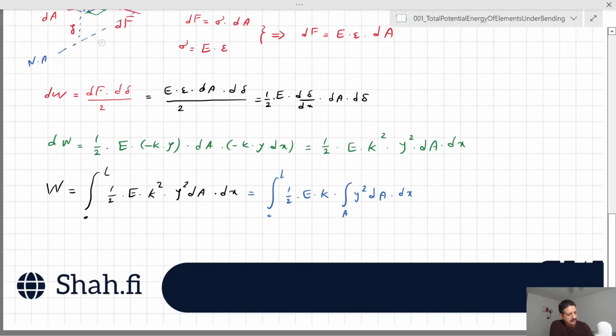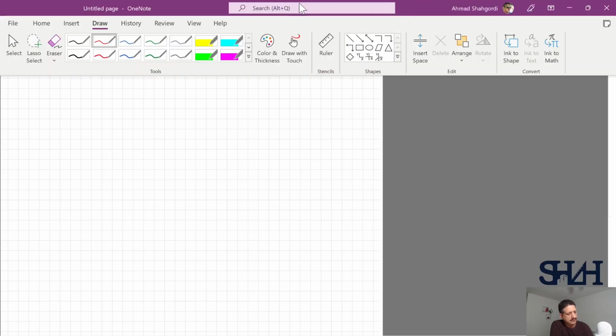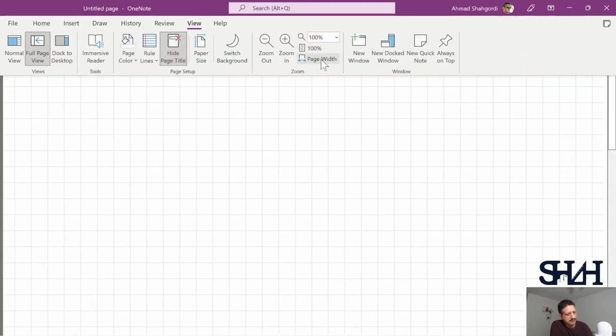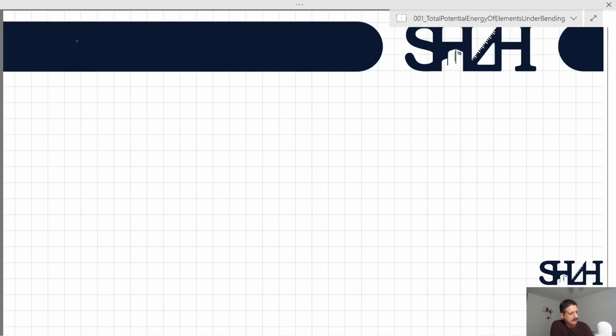So if I call this I, it will be from 0 to L 1 over 2 E kappa squared I dx. And from here we can write the total potential energy of a beam under the bending moment.